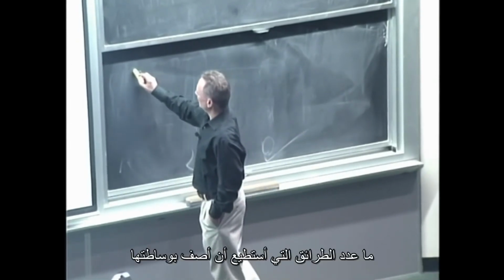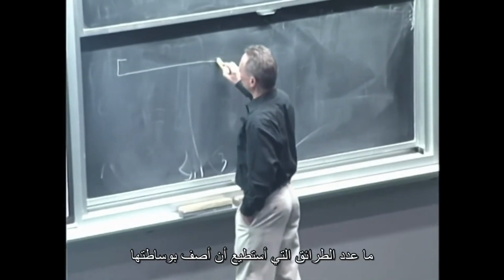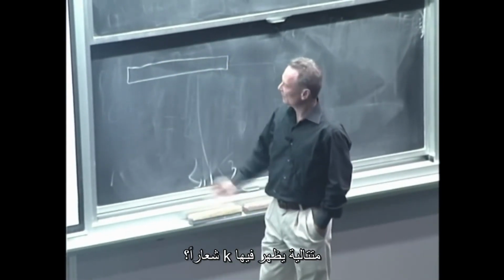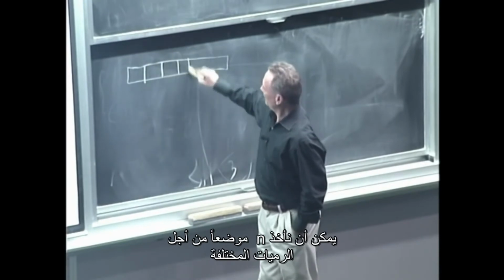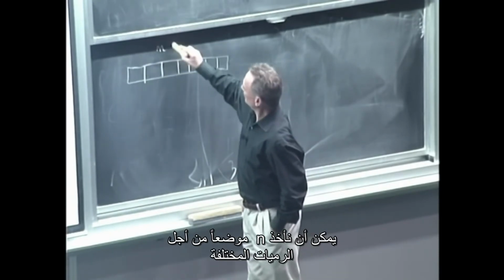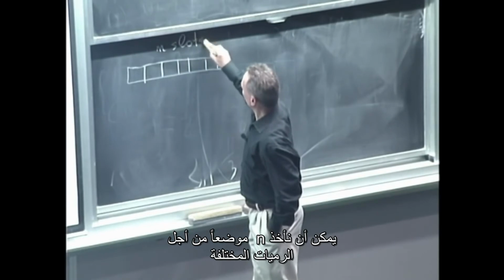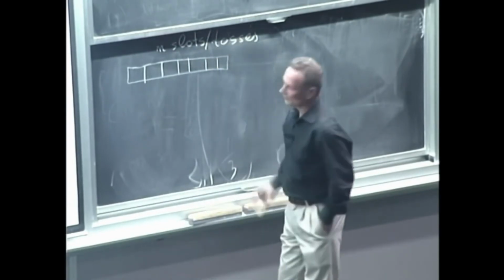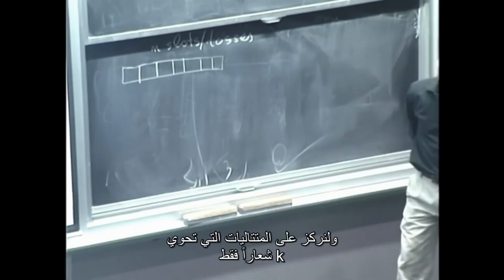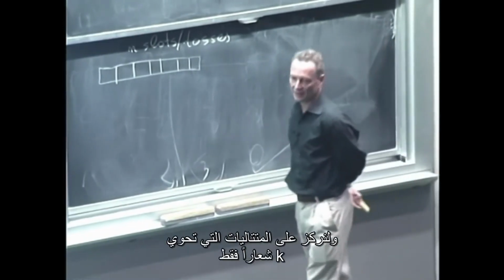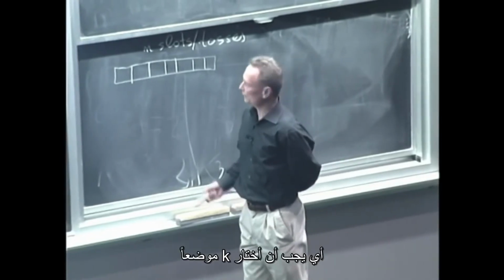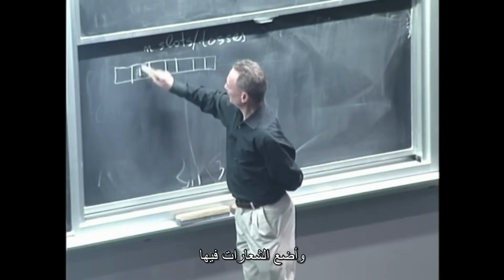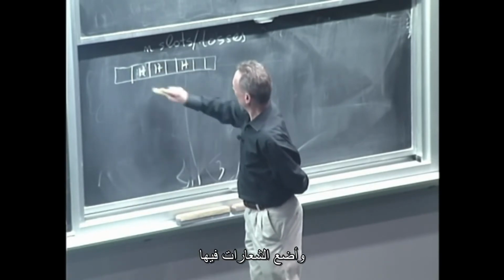So what are the ways that I can describe to you a sequence with k heads? I can take my n slots that correspond to the different tosses. I'm interested in particular sequences that have exactly k heads. So what I need to do is to choose k slots and assign heads to them.